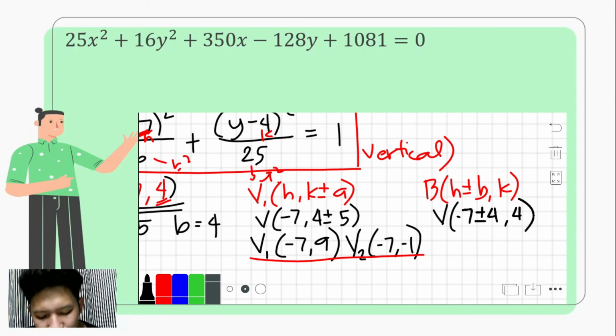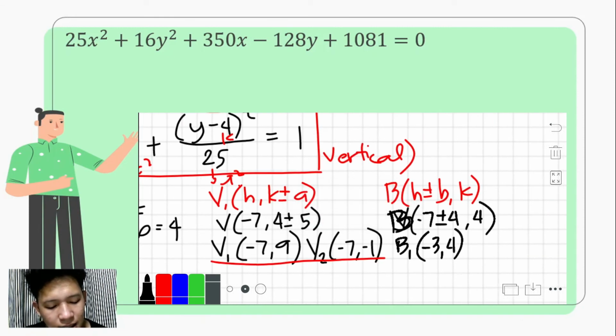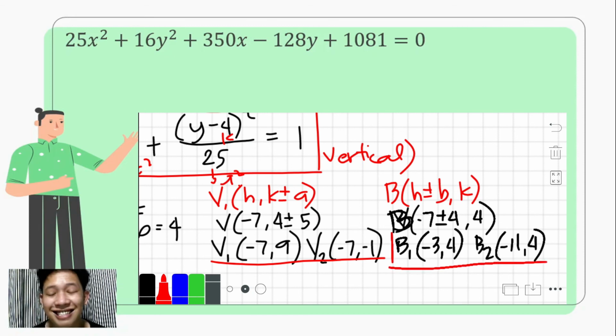Sorry, it's not v, but it's b. So, the coordinate of our first co-vertex would be at negative 7 plus 4, that is negative 3, comma 4. And then, the other one would be at negative 7 minus 4, that's negative 11, comma 4. So, this is where our co-vertices are.